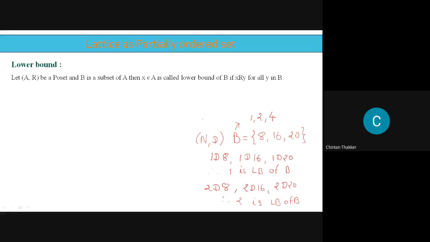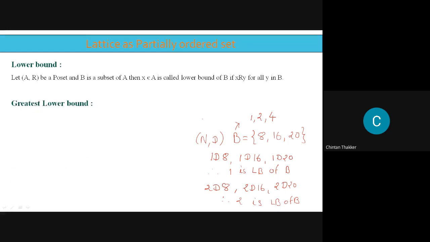Okay. Now from the lower bounds we define the greatest lower bound. Greatest lower bound means from all lower bounds the greatest number we take as the greatest lower bound.